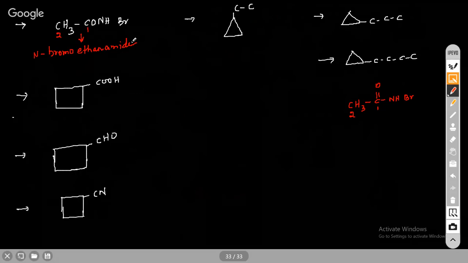Clear? Okay. Now the name of this compound, the second one, is what? Tell me quickly.